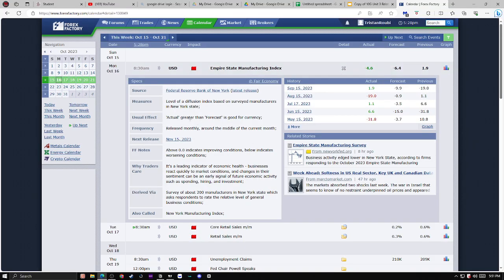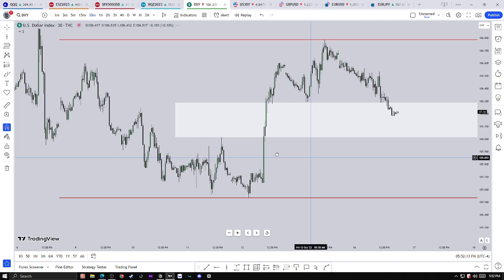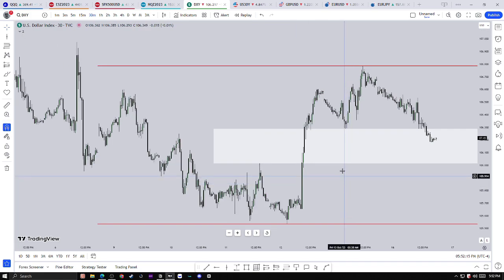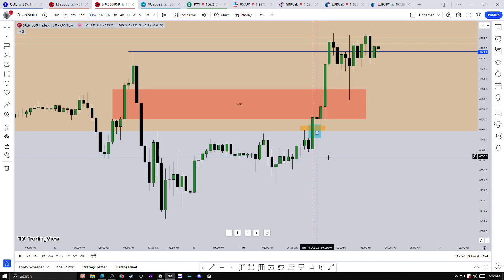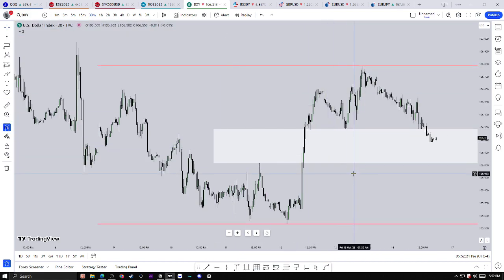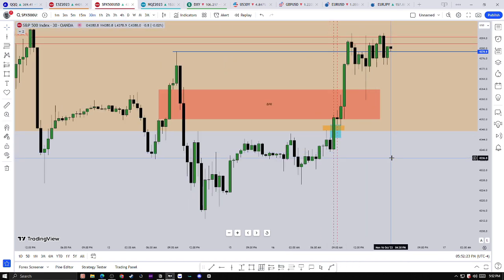Wait, am I tripping? Actual greater than forecast is good for currency. It's less than forecast, which means it's bad for currency, which means it should go down. The DXY should be going down. Why is it? Okay, so this was some clear manipulation of some kind. DXY is supposed to go down, not up. I don't know what happened.